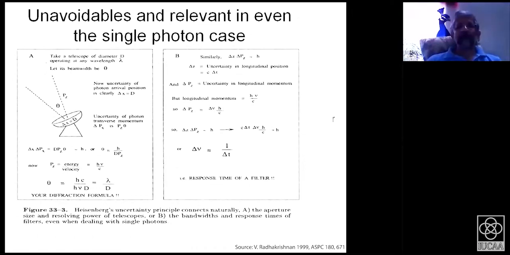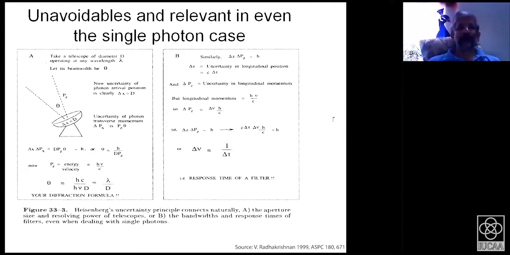This is one beautiful example of how the simple consideration of uncertainty principle and this inverse relation can be invoked to even derive your familiar diffraction formula without needing any diffraction theory to be invoked.